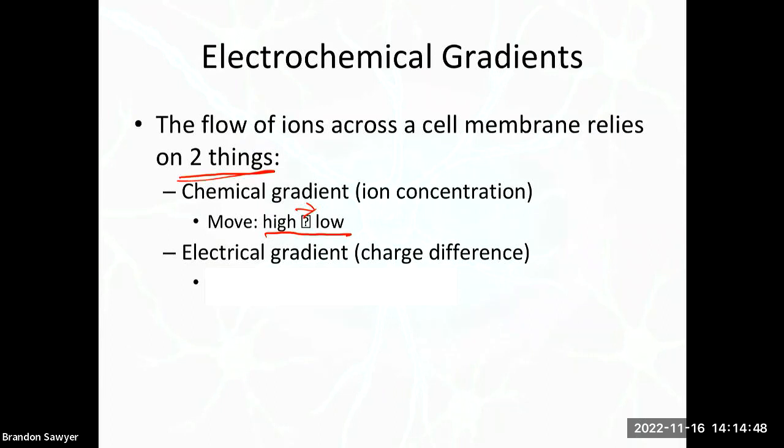So its electrical gradient is pulling it in, whereas potassium is getting pushed out by the chemical gradient, but actually getting pulled back in by the electrical gradient. So this is always going to move towards the opposite charge. We have to think about both of those factors when we think about how much of an ion is going to flow across the membrane at any given time if we allow it to flow.